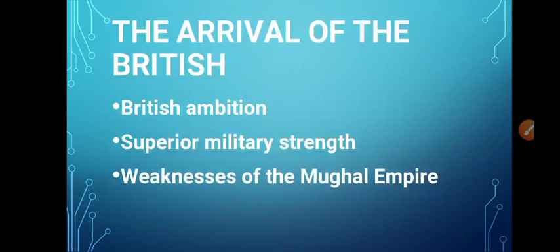They had a very strong army, which was far superior to the army of the Mughal Empire. Their strengths, together with the weaknesses of the Mughal Empire, made it easy for them to overthrow the rule of the Mughals and establish themselves as rulers.